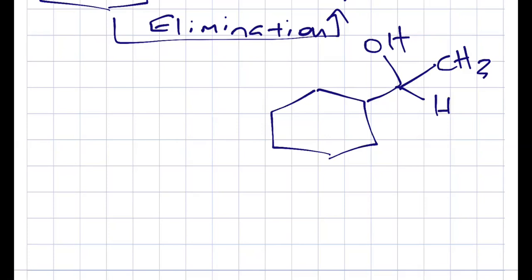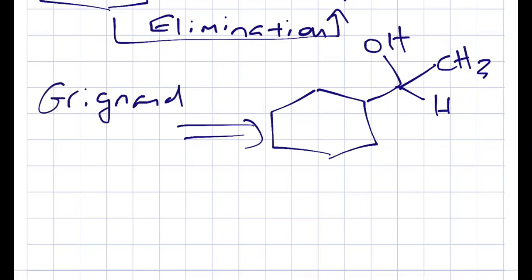So the question is, if this alcohol came from the Grignard plus an aldehyde, what Grignard and what aldehyde did we start with? That's the question.